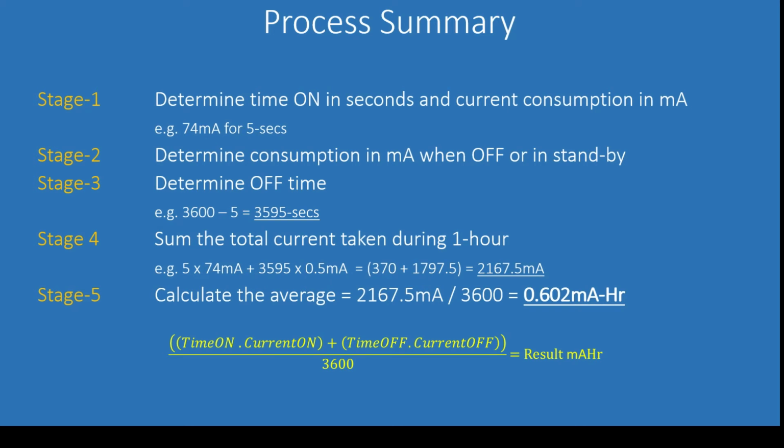Sum the total current demand during an hour, so that was 5 seconds at 74 milliamps, and then 3,595 seconds at 0.5 milliamps. Add it all up, 2,167.5 milliamps. Divide that by an hour and you get that result, and this is the formula that you can use to calculate that.